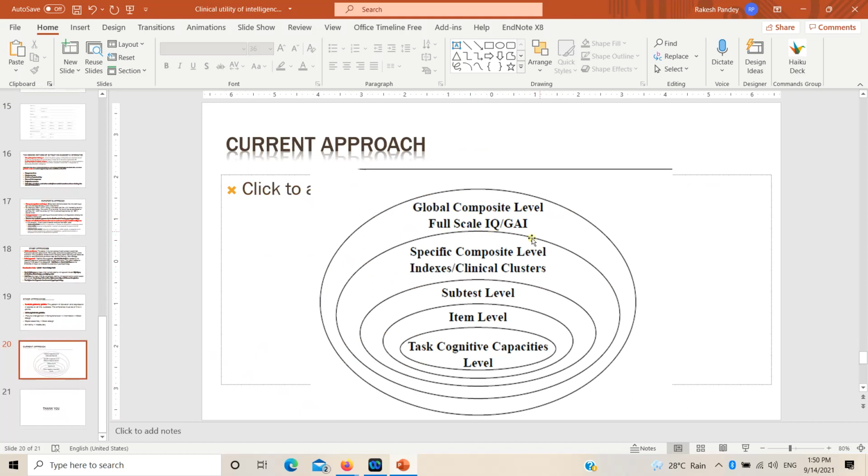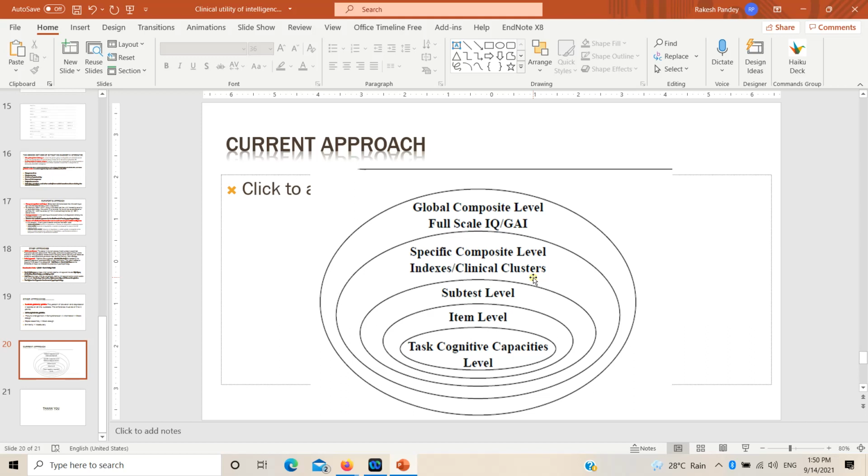The second level is that we will see the specific composite level, say verbal IQ versus performance IQ. If verbal IQ is very low, below average, and performance IQ is average or above average, then it is likely that the individual might have left brain damage, because the left brain is largely responsible for verbal test performance.